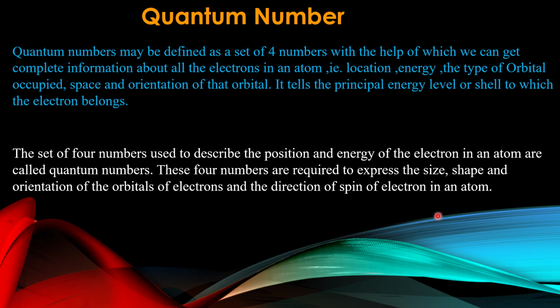There are total four correlated numbers. The first number indicates the size of the orbital, the second number indicates shape of the orbital, and the third number indicates orientation of the orbitals. And the last quantum number, that is the fourth quantum number, indicates the spin of the electron. And these four numbers are correlated.